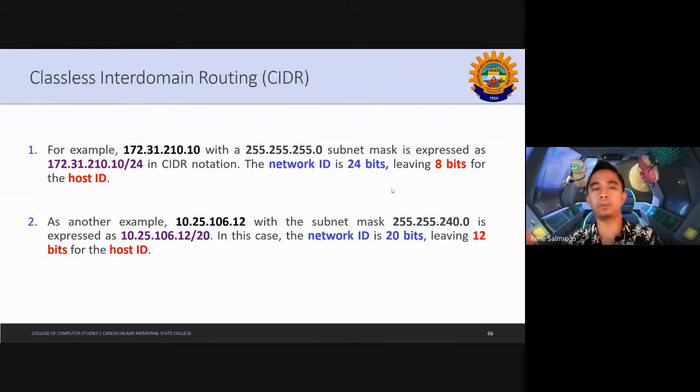So that's the purpose of classless interdomain routing. Before then, there was no CIDR notation. So what happens is there is a congestion of IP addresses. Now with the method, you could reduce the bits and information and allocate IP addresses to other locations also.